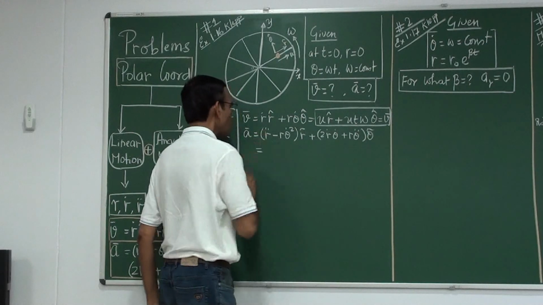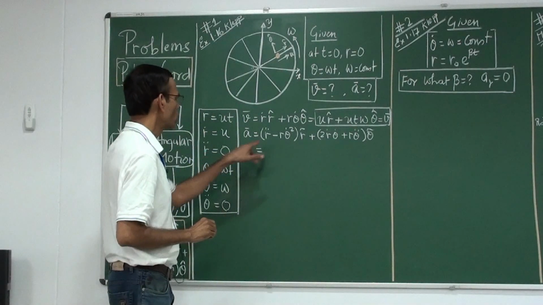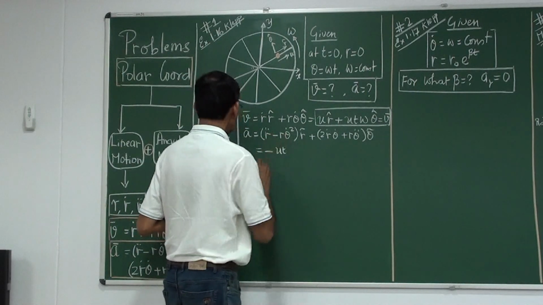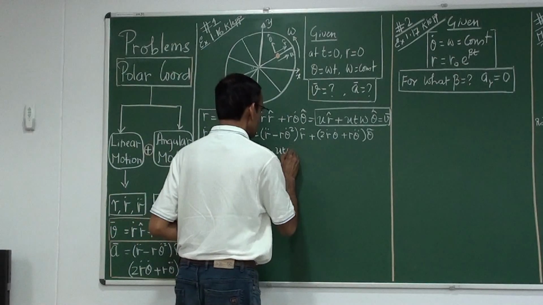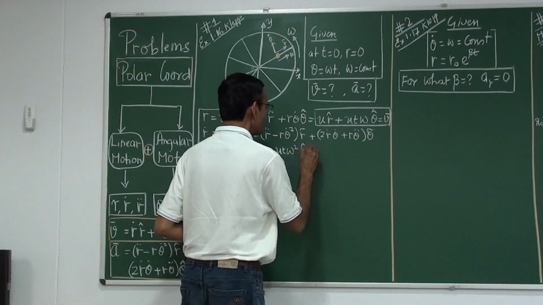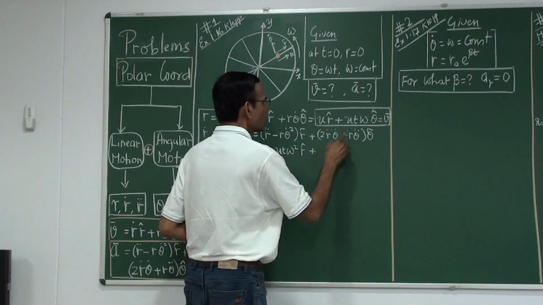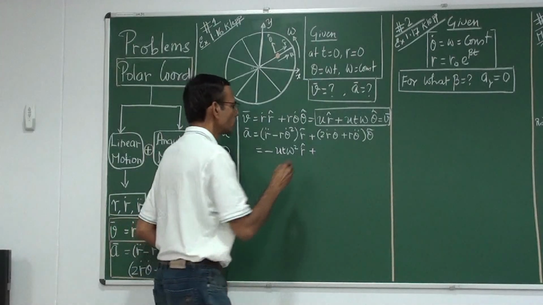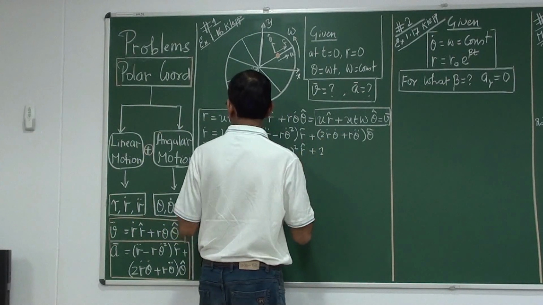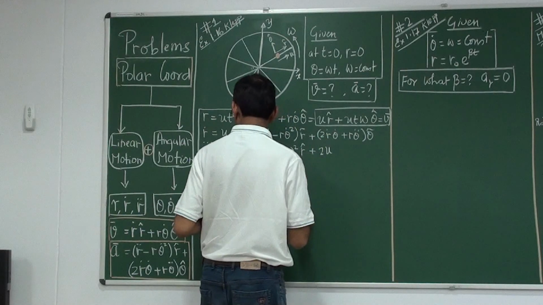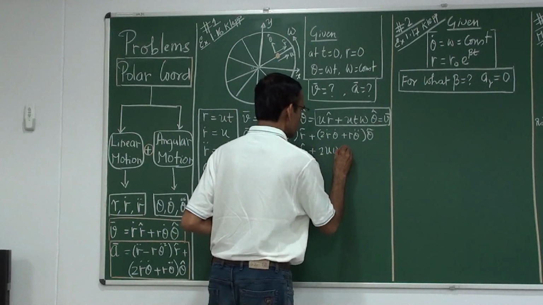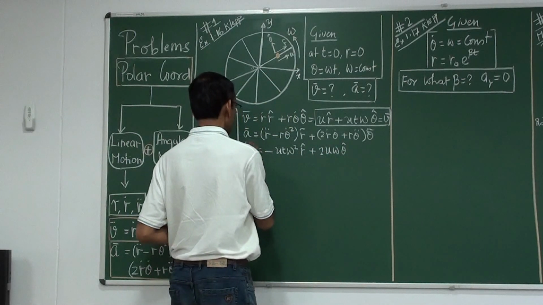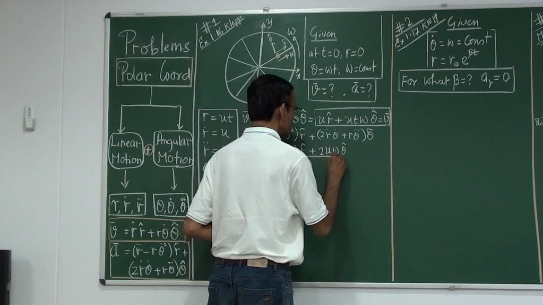This is equal to, r double dot is 0, so minus r is ut, theta dot square is omega square, r cap plus, again as you see here, r theta double dot is 0, so it is 2, r dot is u and theta dot is omega, theta cap. So this is basically your acceleration vector. You can make a box over here.